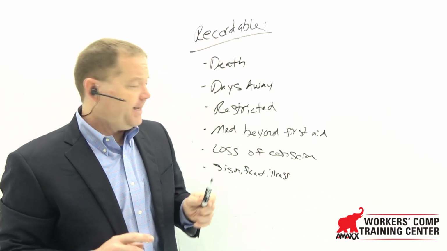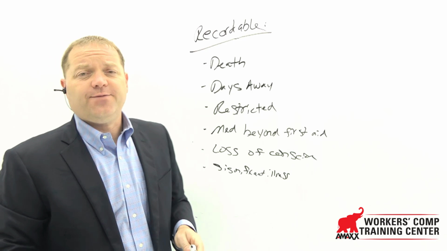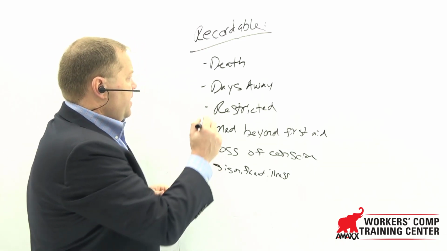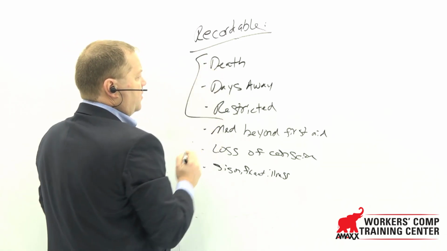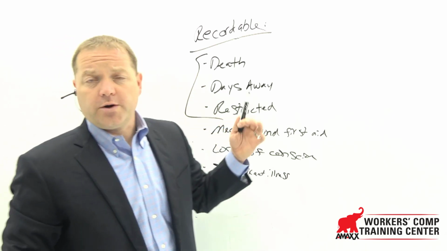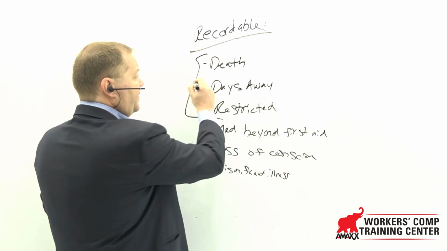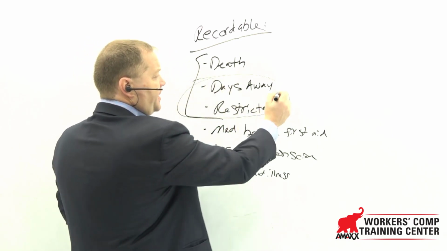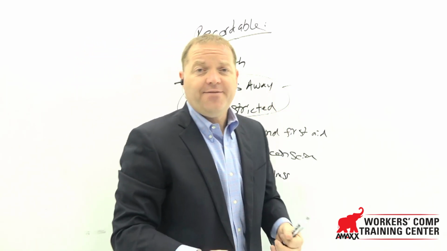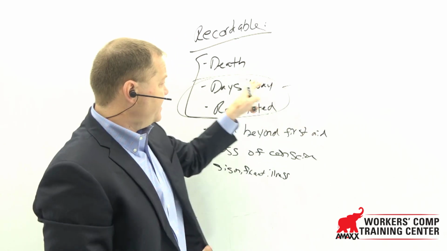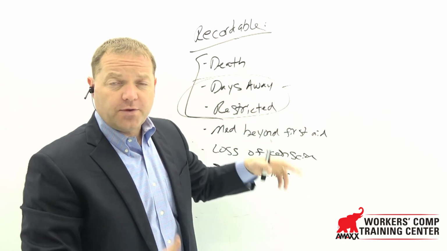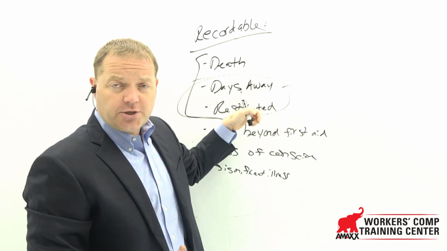All right, so let's talk about these six different categories. These ones are all pretty straightforward. Death, days away from work, or missed time. In regards to workers' compensation, a lot of times these are going to be triggers for a recordable incident. If they have lost time, it's days away. If they're restricted or going on light duty, it's a restricted or job transfer.